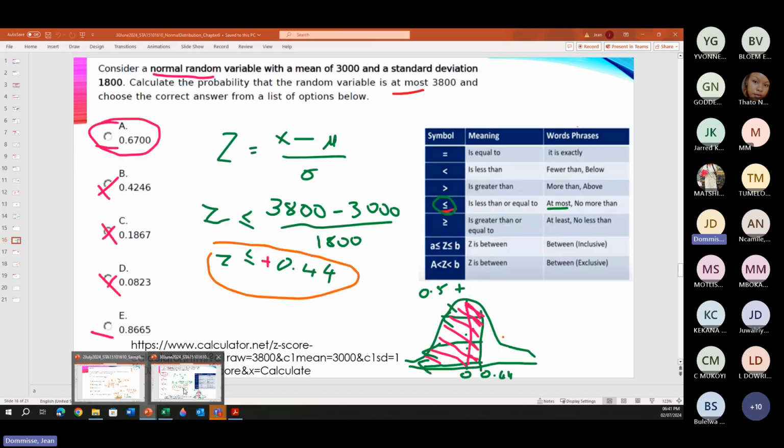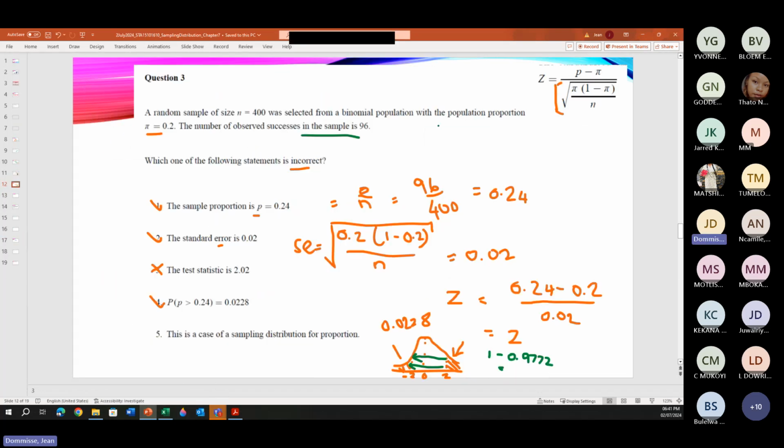Okay, yes, there is a hand. Yes, on that number one. What's the equation there of that sample proportion? So to work out the sample proportion, it depends on what we are working out. So here we are working out the successes.